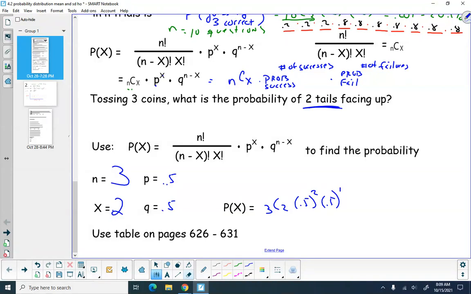Jack, what do you come up with? 0.375. Now, if we take a look in your book, back in your appendix, Appendix A, in my book it's A8 in the back. It should look like this.